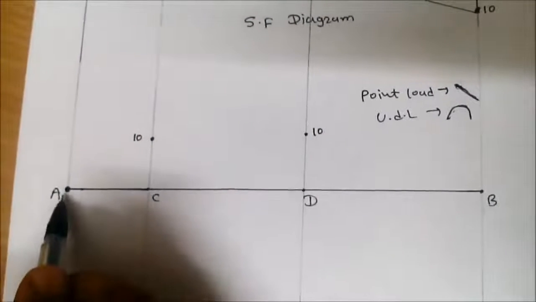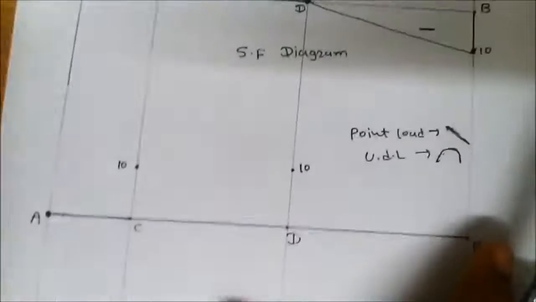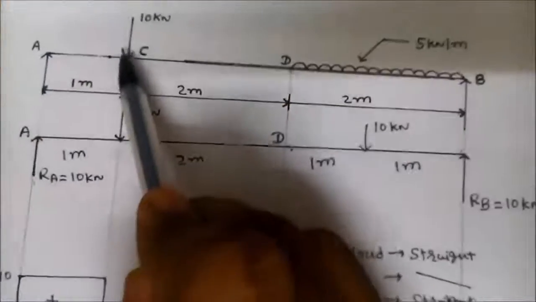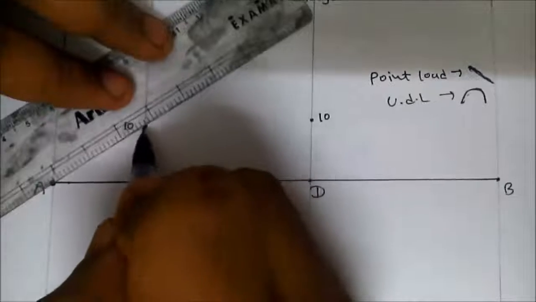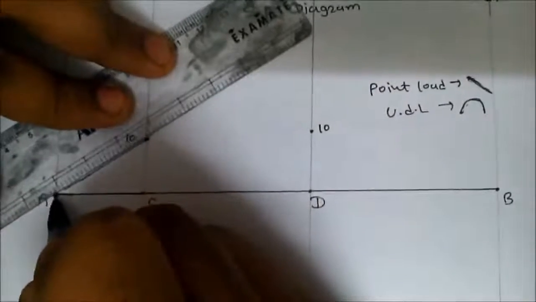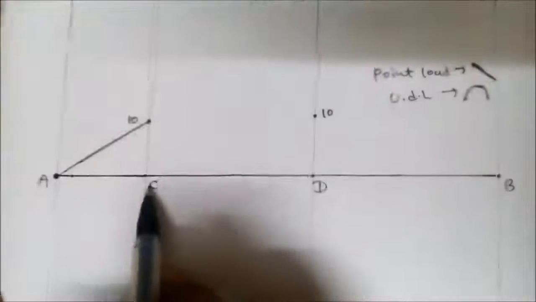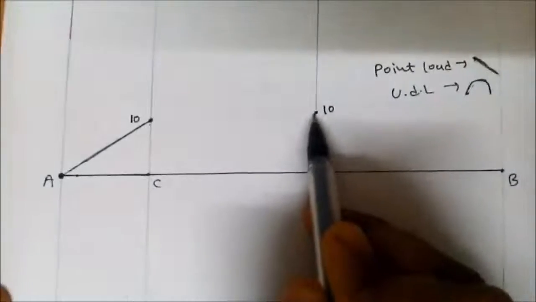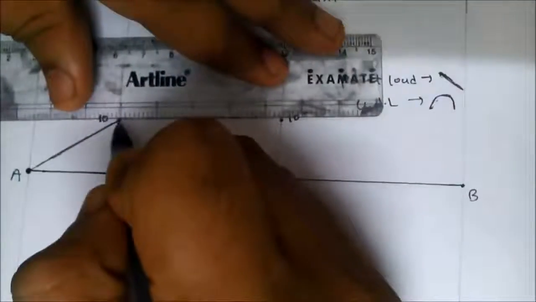So at point A it is 0, at point A there is a reaction, and at point C there is a point load. So between A to C draw an inclined line. At point C it is 10 kilonewton meter, and at point D it is 10 kilonewton meter, so again draw a straight line.